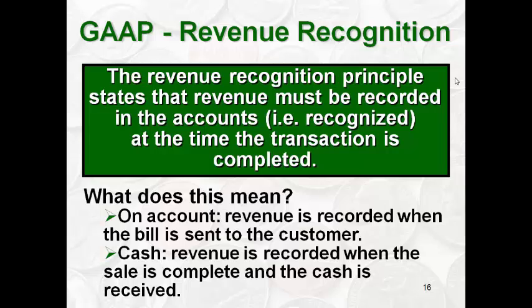Cash transactions, we record those when the sale is completed and the cash is received. So really, to summarize this, when we complete the service, that's when we record the sale. Does not matter if we're getting the money right now or getting the money 30 days from now. The sale portion of that, or the revenue, is recorded right away.